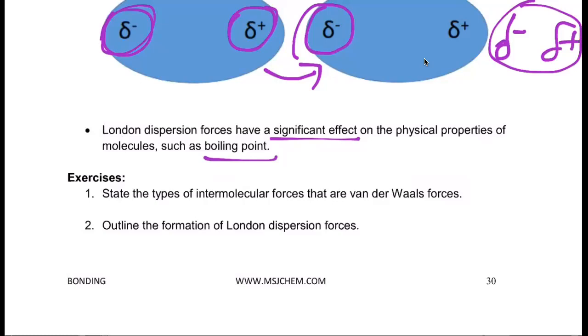And the more of these you have, the more that's going to affect something like your boiling point or your melting point. So typically on the periodic table, if we're comparing different elements, ones with heavier molar mass are going to have more London dispersion forces, and more of this effect on them.